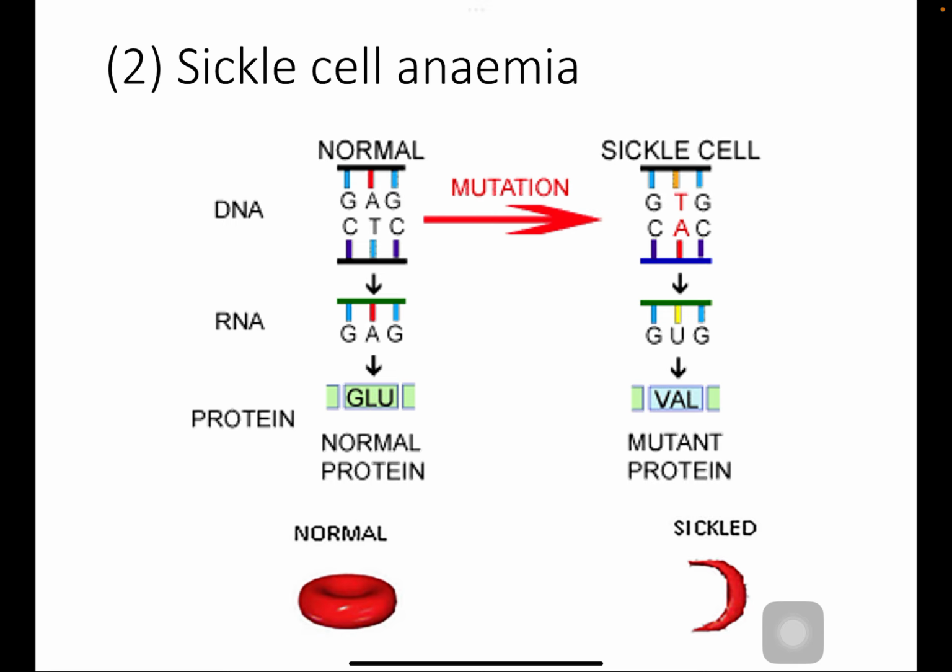So this is another visualization. In the normal condition, the amino acid that's supposed to be expressed is glutamine, but instead valine is produced. Do you need to remember? No. It's just for your information.